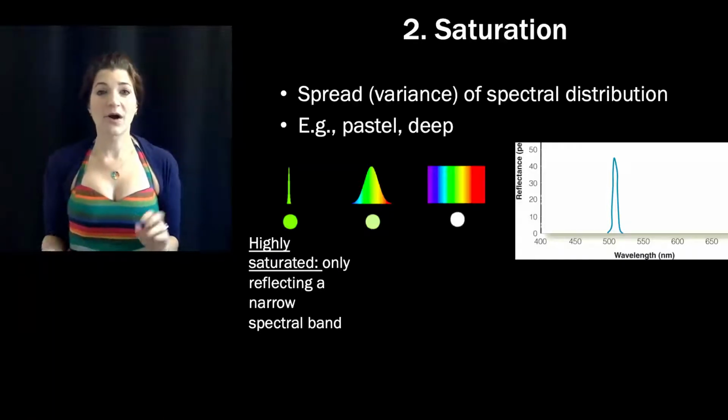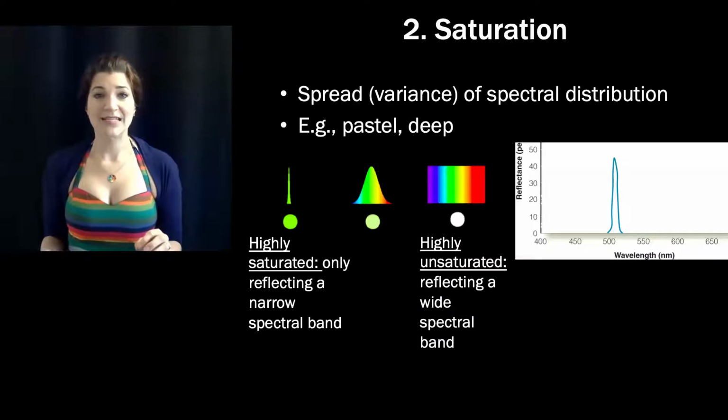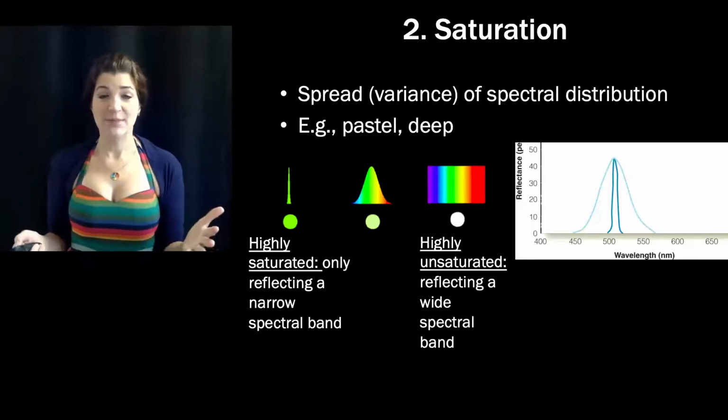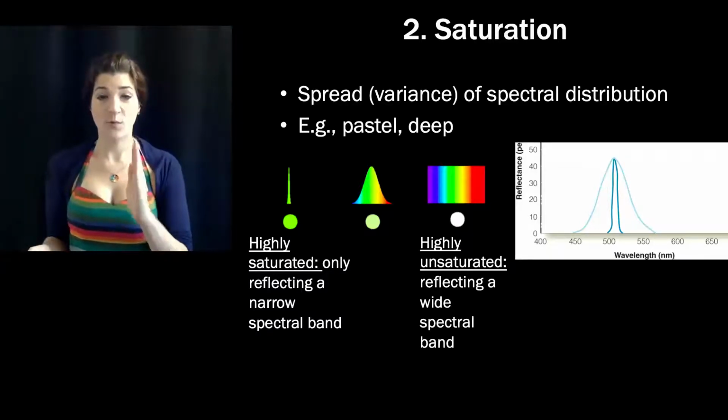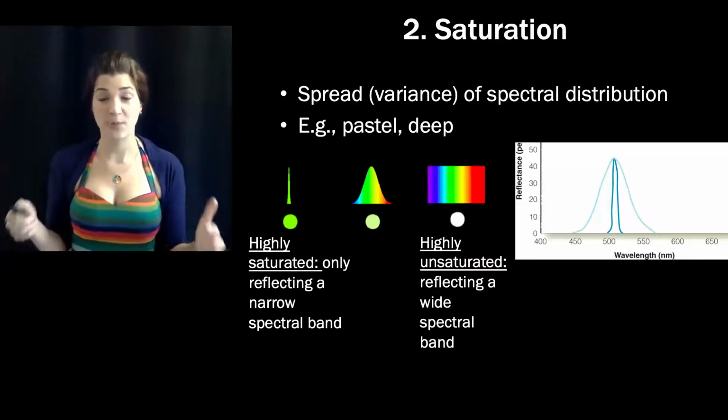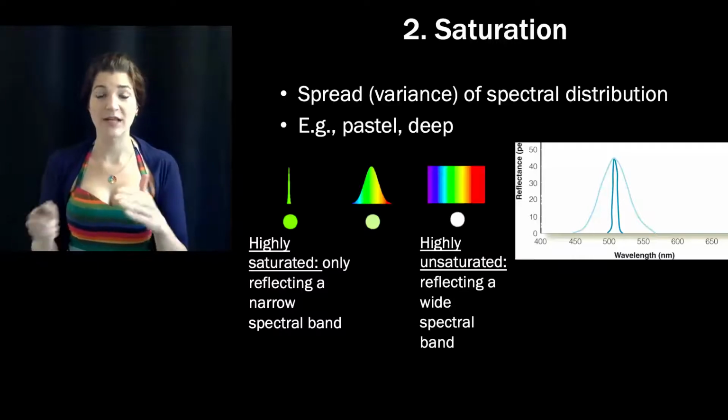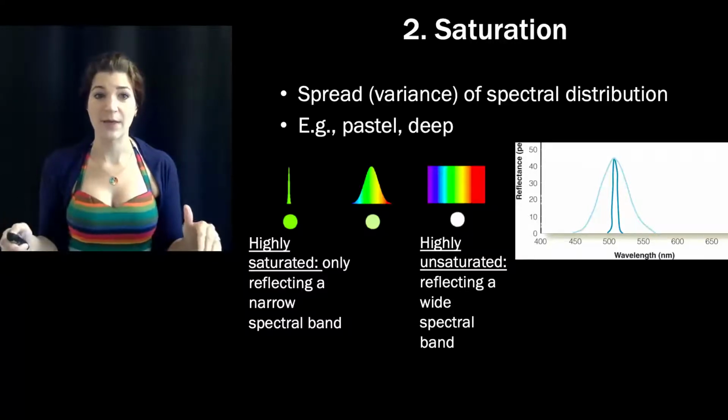As colors get more unsaturated, they start reflecting a wider spectral range. So the 2 curves that are shown there have the same hue because they're centered on the same wavelength, but they differ in saturation because they differ in the selectivity with which they are reflecting that one wavelength versus kind of a range of wavelengths around them.